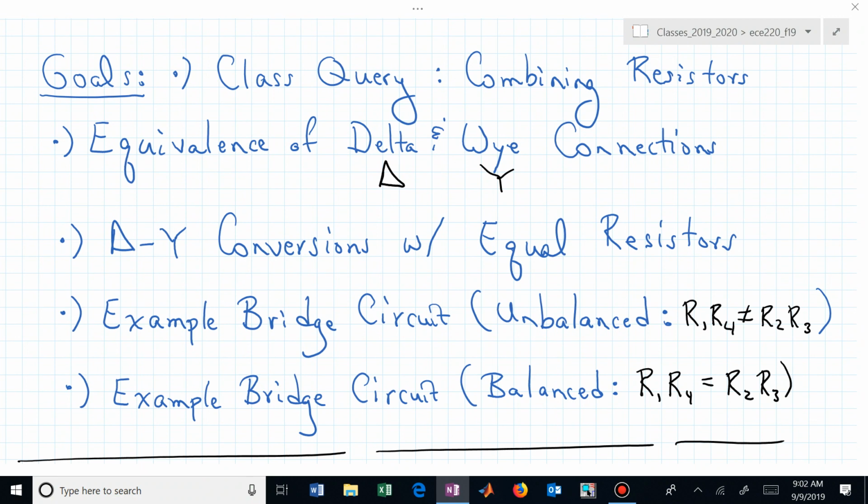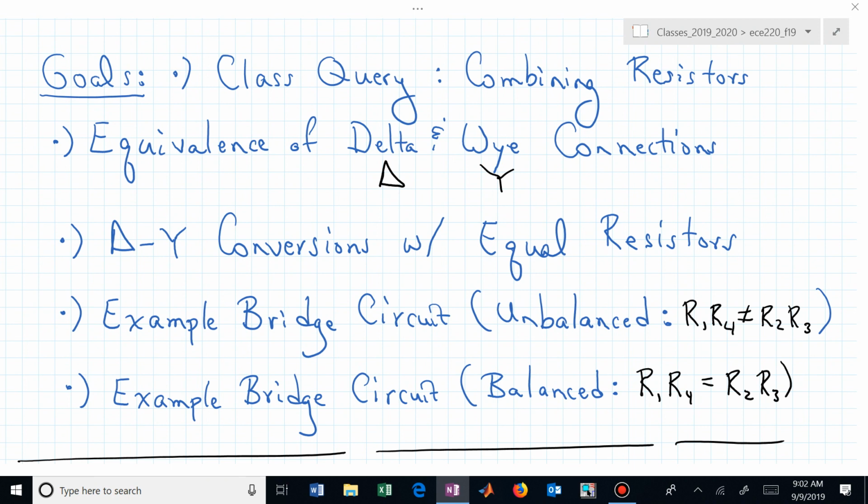Today I want to bring us back from the weekend with a class query, combining resistors. Then we will look at this equivalence of delta and Y connections. How can we take a delta connected set of resistors and rewrite that as a Y connected set?